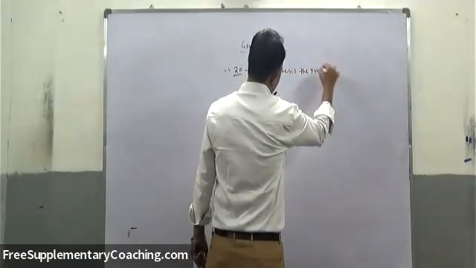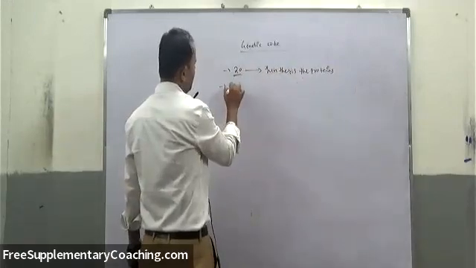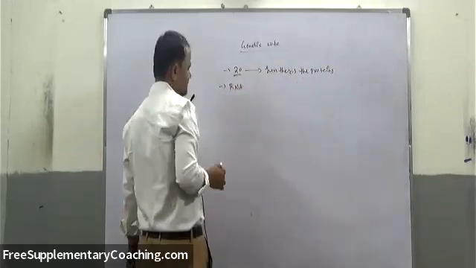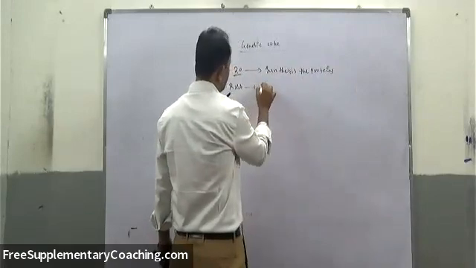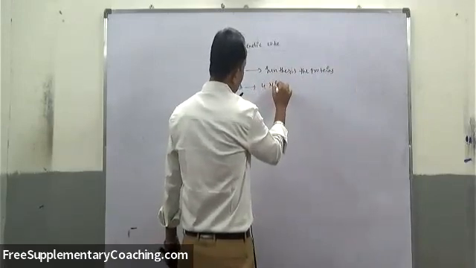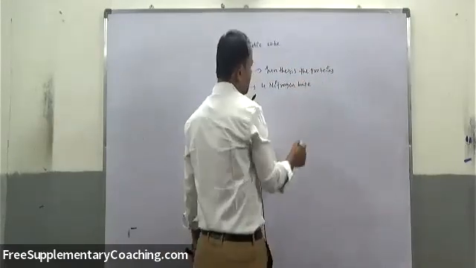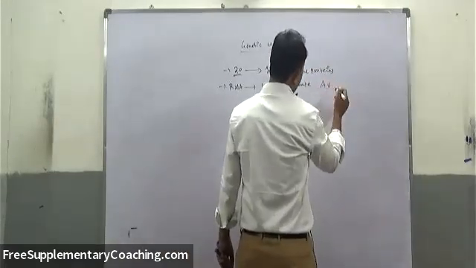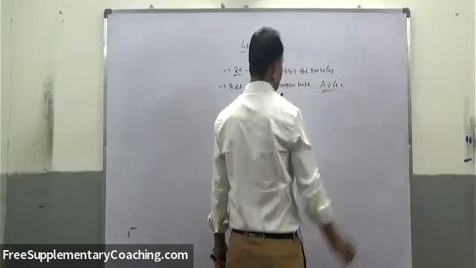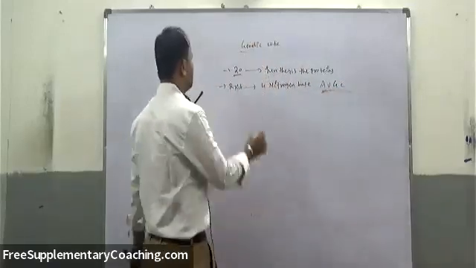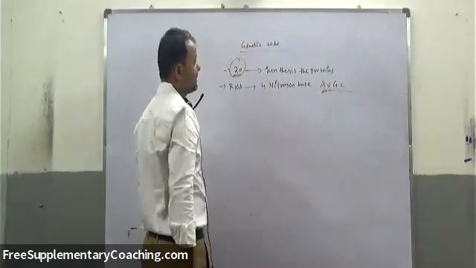Then RNA has how many nitrogen bases? 4 nitrogen bases: adenine, uracil, guanine, cytosine. Now the 20 amino acids are coded by these 4 nitrogen bases.